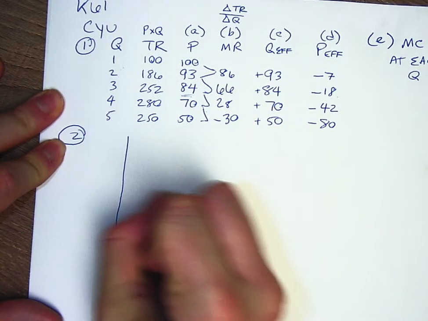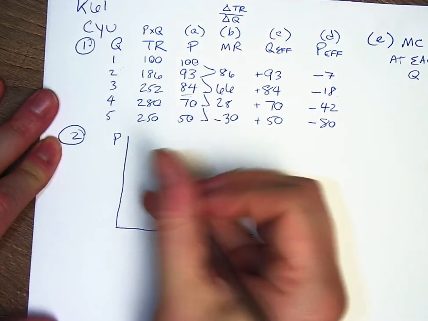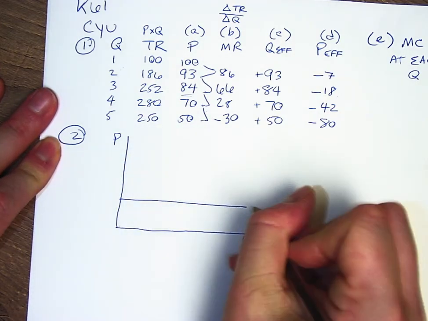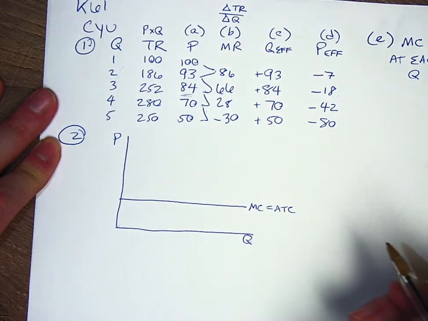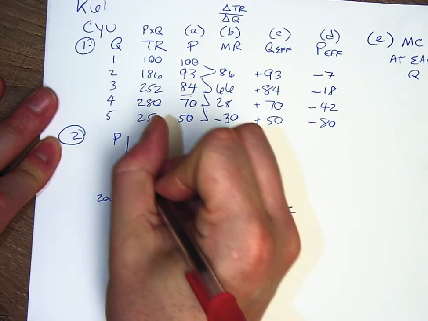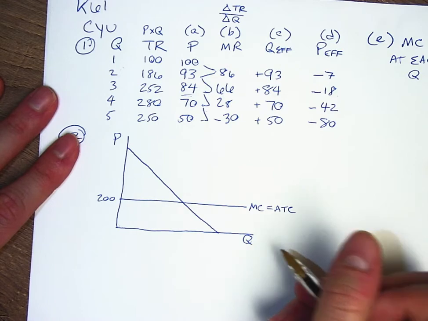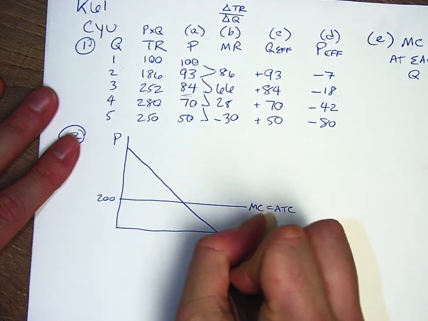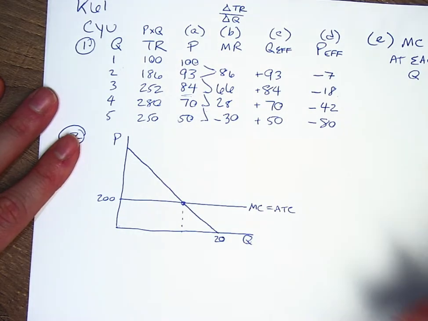It's a monopolist, and as usual, right, because we're in the monopoly section, and it actually gives you that MC equals ATC, and it tells you that that's at originally 200. And then this comes down and hits here, and that's at roughly 20. So this is just the original picture.